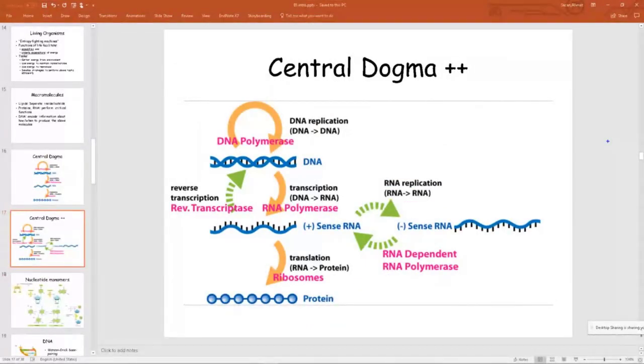There are some variations of this central dogma, such as reverse transcription, where a virus especially can use a reverse transcriptase enzyme to take an RNA molecule and generate a DNA molecule so that this DNA can be embedded in the host genome.